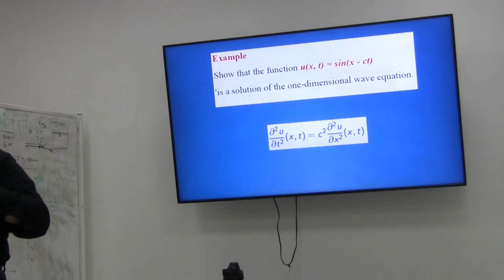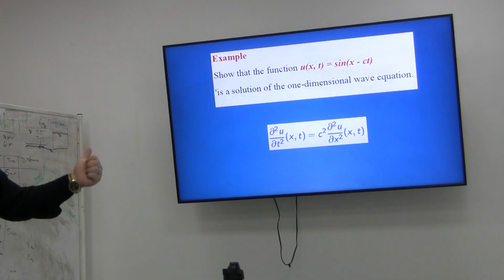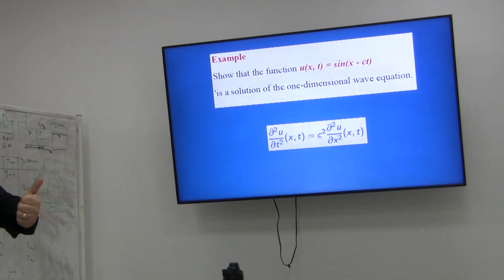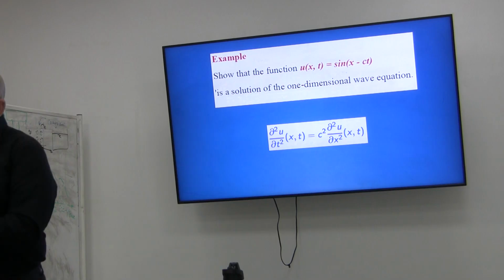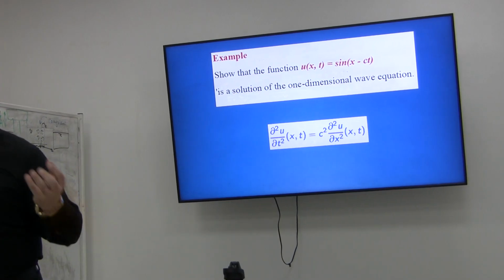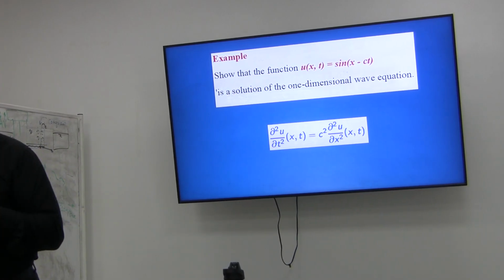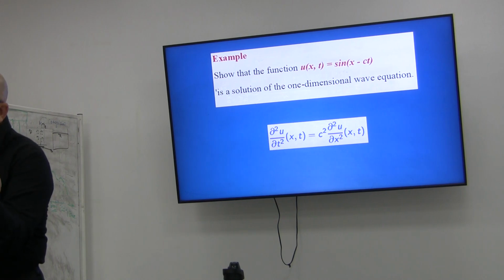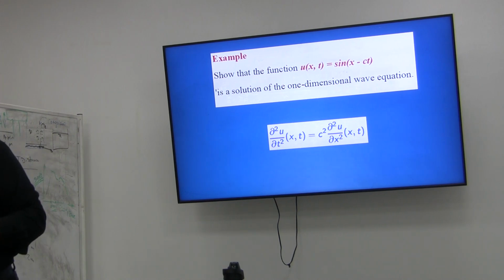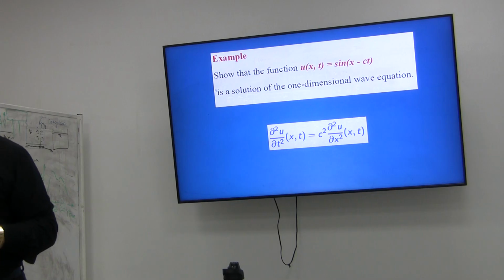That's a partial differential equation. But in this problem, you don't have to solve the problem. I already have the problem and the solution. I want you to show me that this value could be a check for this problem. How to do it? It's a training on partial derivatives.